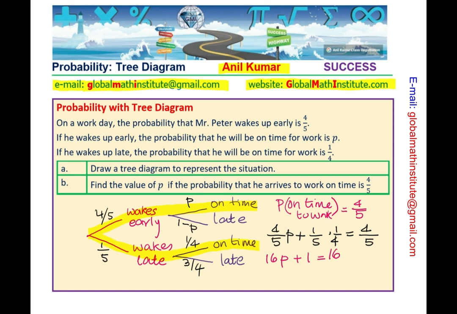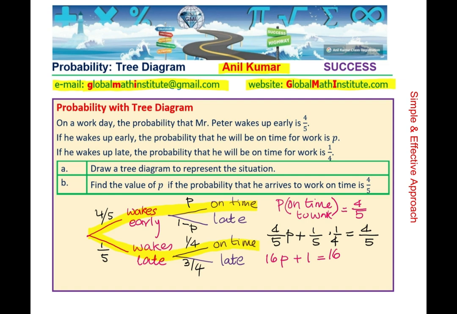Correct? So 4 by 5, 1 by 5, all these things are given to us. I'm multiplying everything by 20. So when I do that, then for P, 20 divided by 5 is 4. So 4 times 4 is 16. Here 20 over 20 is 1. And once again, 4 by 5 is 16.